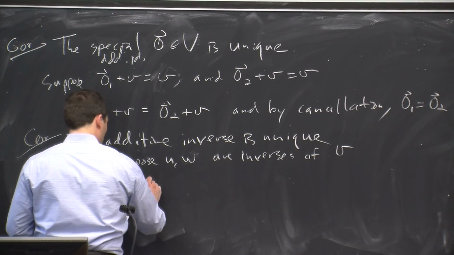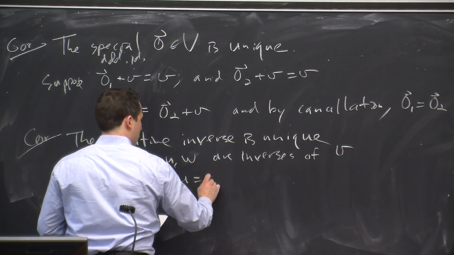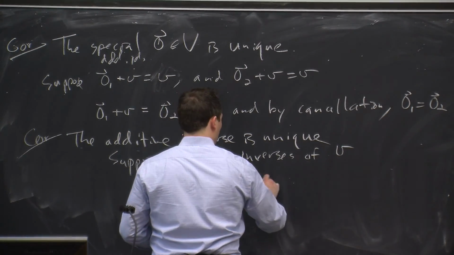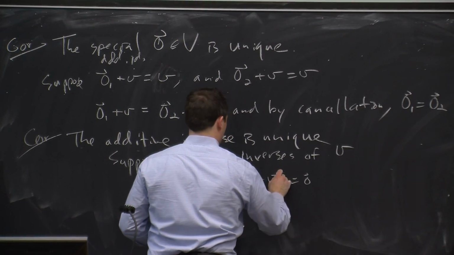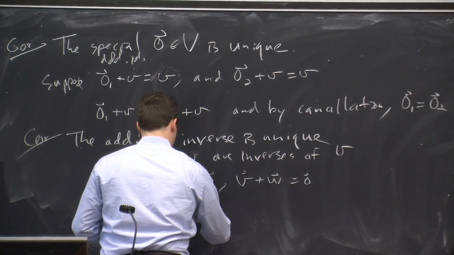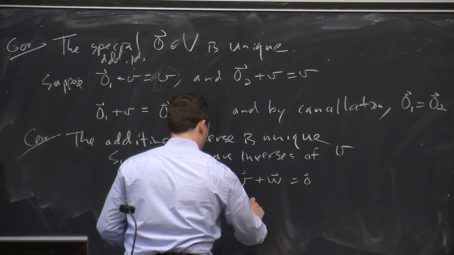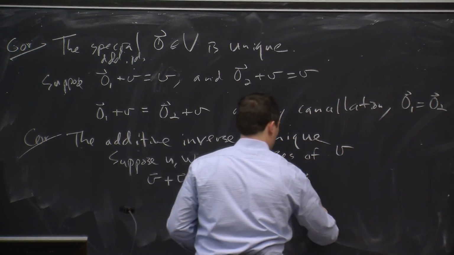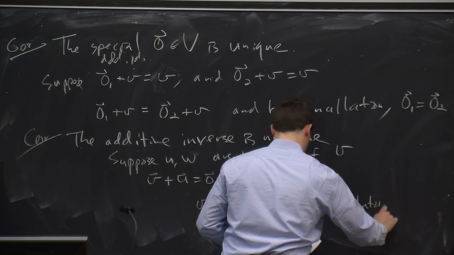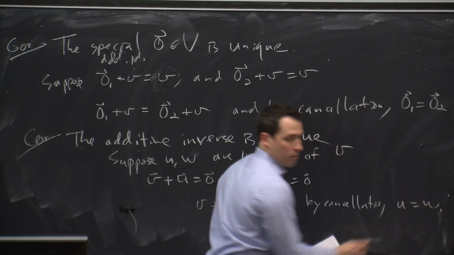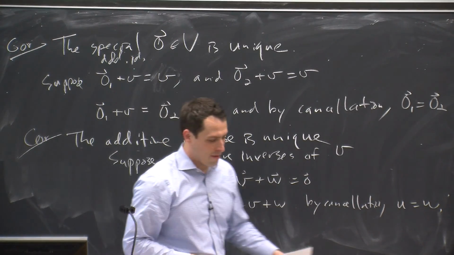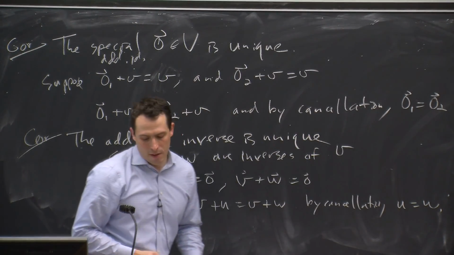Then we have that V plus U is equal to 0. And V plus W is equal to 0. And this looks almost exactly like our cancellation thing, right? Then V plus U equals V plus W. And by cancellation, U is equal to W. So therefore, the additive inverse is unique.